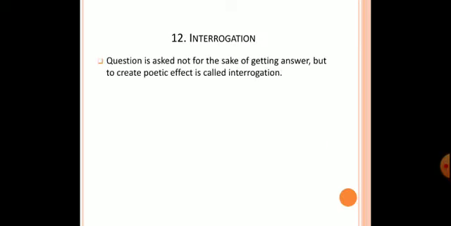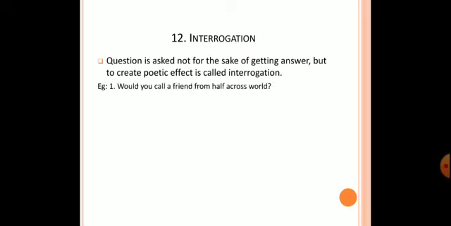12th one, interrogation. Definition: a question is asked not for the sake of getting an answer, but to create a poetic effect. A question is being asked, but the objective of the question is not to get an answer, but simply to create an atmosphere like that.